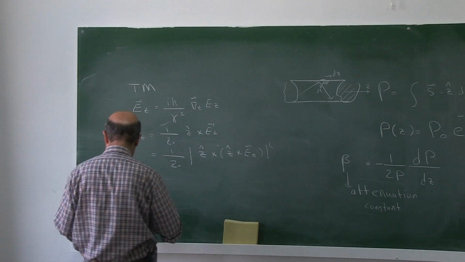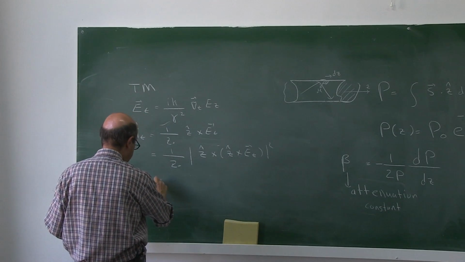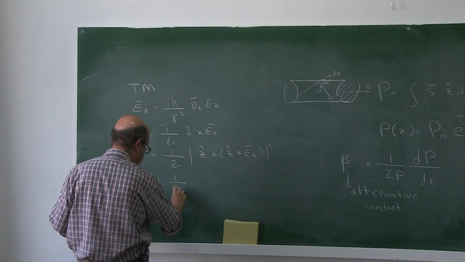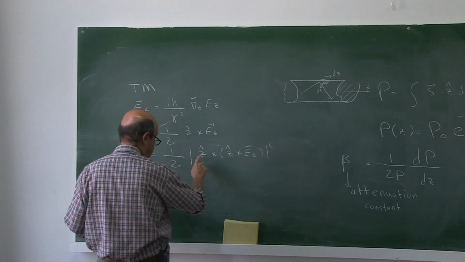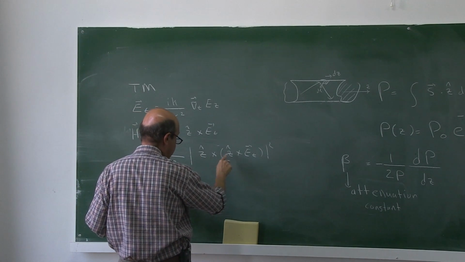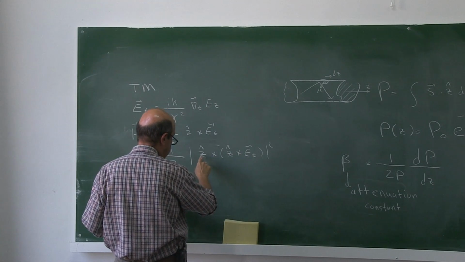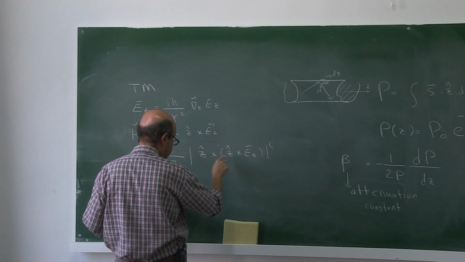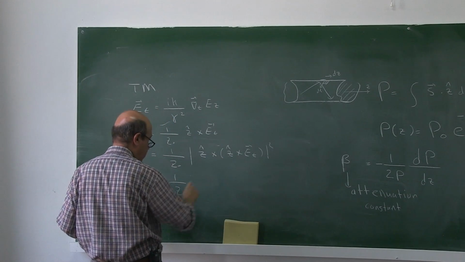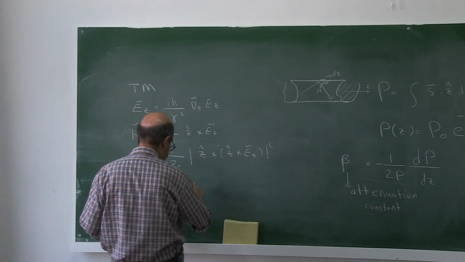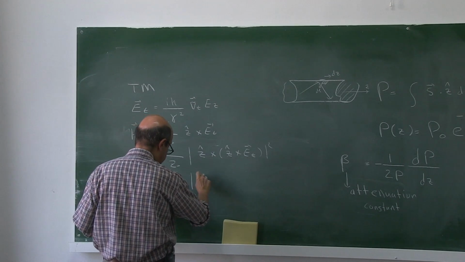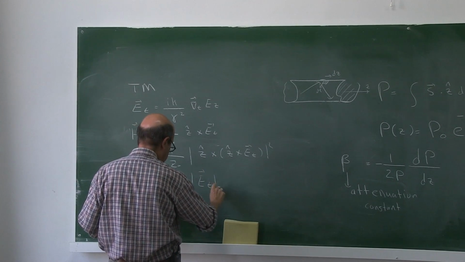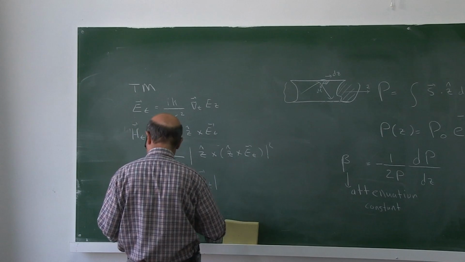So you will get 1 over Z0. If we call these A, B, and C, A cross B cross C is equal to B times A dot C, which is 0, minus C times A dot B, that is nothing but the E transverse square.